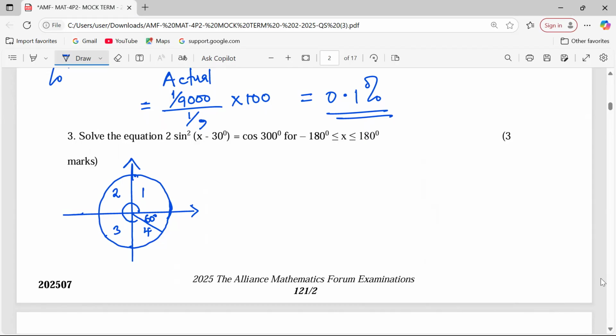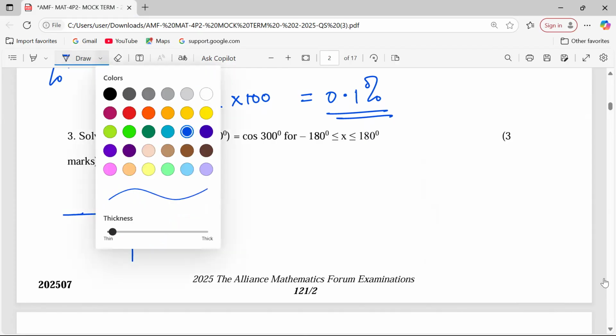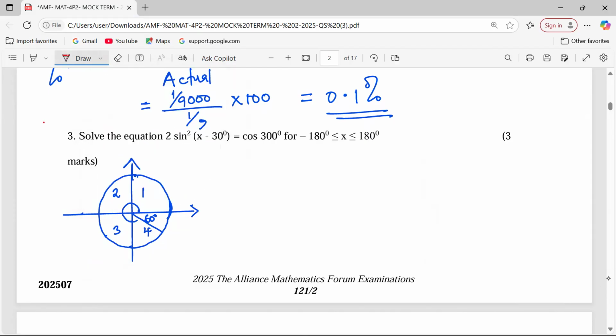Look at this now. An angle of 300 degrees equals 60 degrees in the fourth quadrant. 60 degrees in the fourth quadrant is equivalent to 300 degrees.